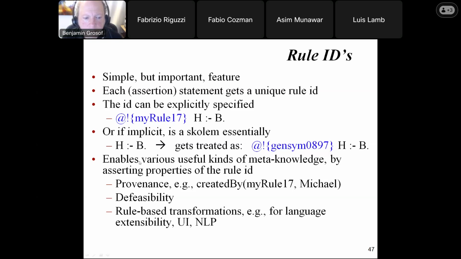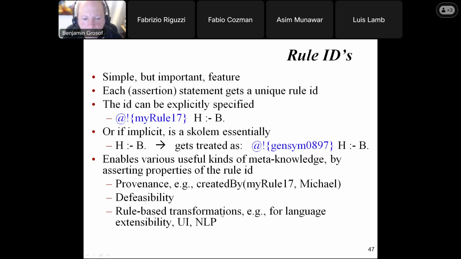So rule IDs enable various useful kinds of meta-knowledge by asserting properties about the rule ID. For example, provenance, that Michael was the person who created my rule 17. Also for defeasibility, to be able to express prioritization between different rules. It's a kind of hook for a prioritization precedence predicate to be defined in terms of.